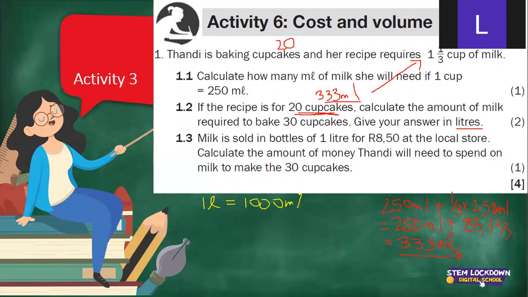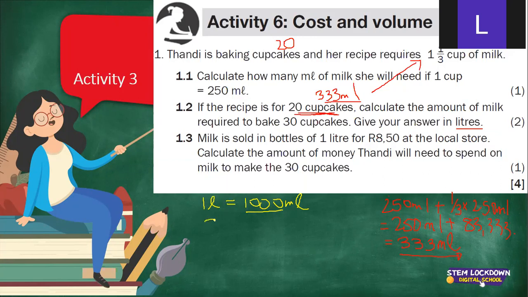My factor is 1,000. To change 1,000 to 1, what must I do? I am dividing. The only way to convert 1,000 to 1 is to divide it.